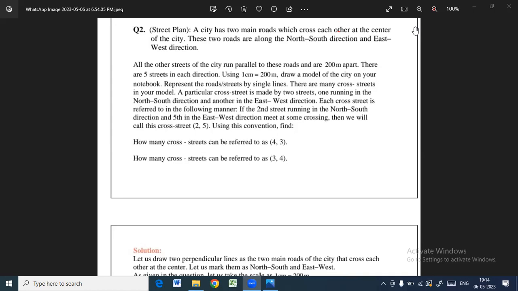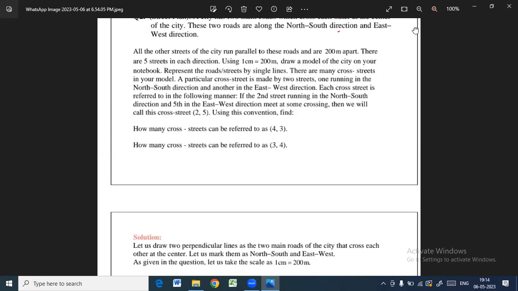If the second street running in the north-south direction and the fifth in the east-west direction meet at some crossing, then we call this cross street 2, 5 using the convention. Find how many cross streets can be referred to as 4, 3. How many cross streets can be referred to as 3, 4.